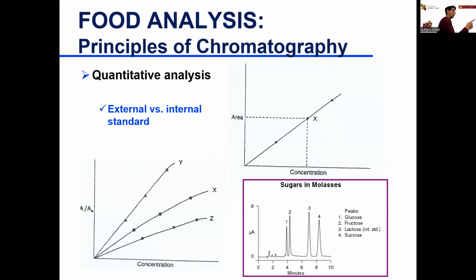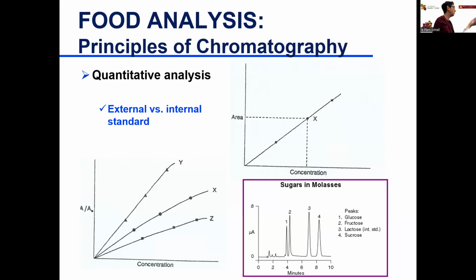What else? Something that won't overlap with what you are analyzing. Yes, you don't want anything that co-elutes with your compounds of interest. You want it to elute separately, and you want it to be structurally similar to your compound of interest.